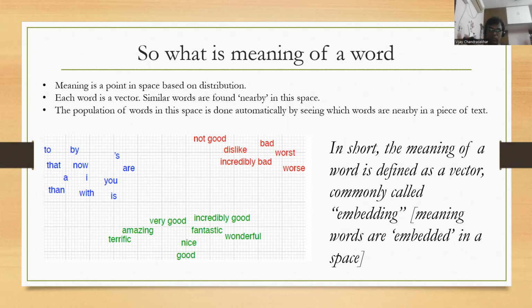எல்லா situationலயும் you don't need to have the Queen's English for us to come up with the distribution of these words in this space. Okay, so in short, the meaning of a word is defined as a vector, commonly called an embedding. என்ன சொல்ல வரோம்னா, effectively embedding என்னன்னா ஒரு நம்பர் மாதிரி, இந்த ஸ்பேஸ்ல ஒரு நம்பர் வச்சு நம்ம அந்த வார்த்தையை embed பண்றோம். So in this 2-dimensional space, good is here, dislike is here, so I can come up with a number that can represent the word.